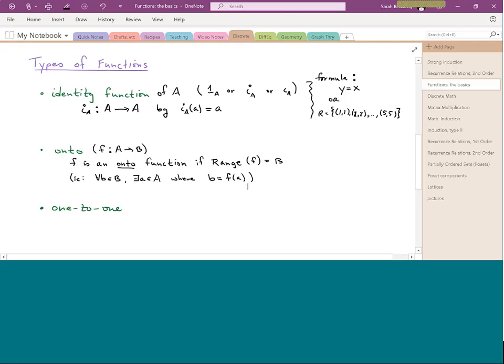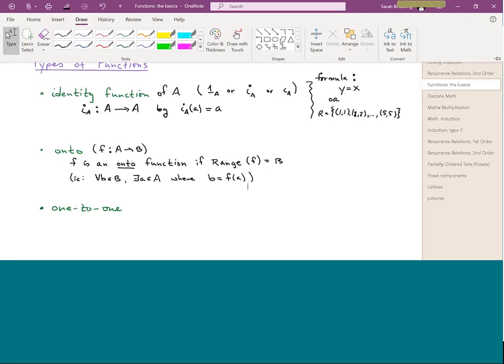Typically, you have to do a little more work to check for onto when you are given the formula version of your function. Let's do an example right now.